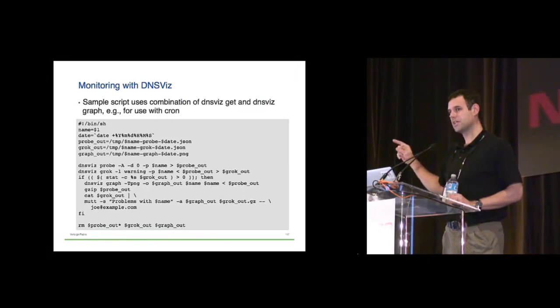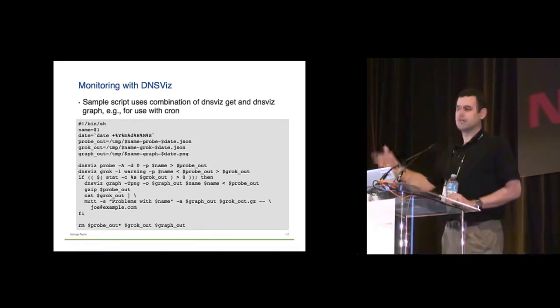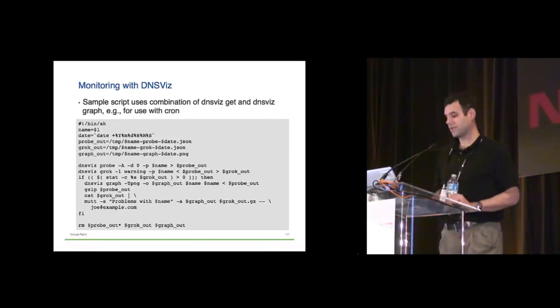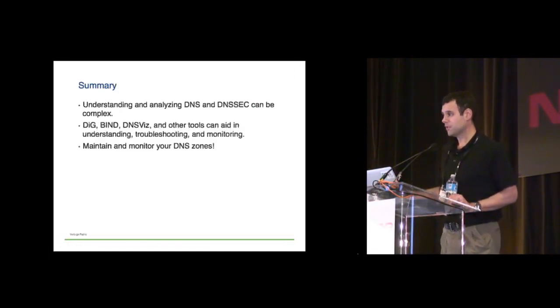But if there is something, then it'll send you a mail. It'll send you the graphical output. So anyway, this might be an example of how you might implement something like this. If you have some tweaks to this, or if you have something better, I'd be glad to see it. This is just an example, something that might be useful.